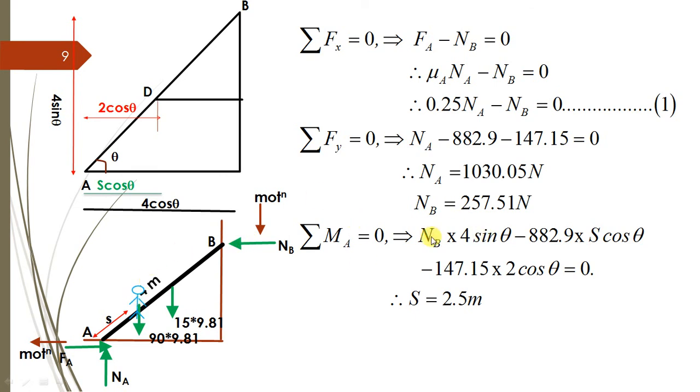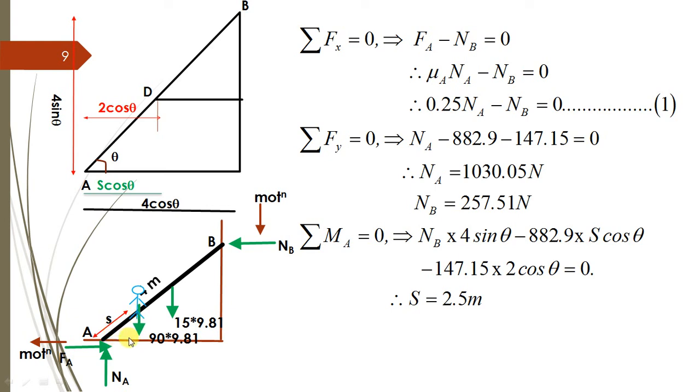Therefore it is plus. Then the weight of that person, that is 882.9. The perpendicular distance: this S is the inclined distance. So what is the horizontal distance? This is S cos of theta. So the person is at a distance of S cos of theta from point A horizontally.